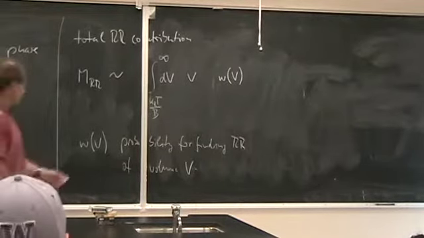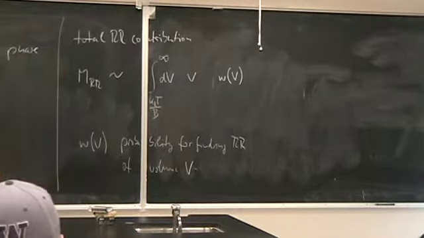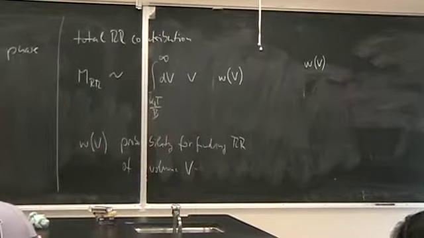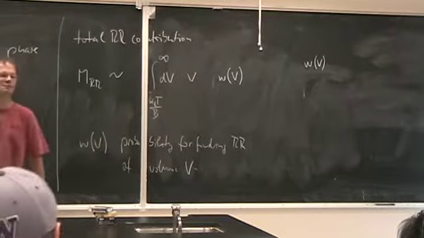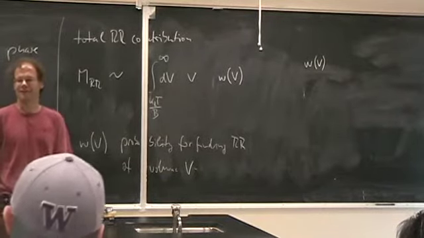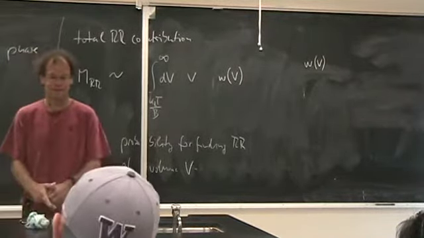So, what about this function? What do we know about this? It's exponentially small. For this model, we can actually be slightly more explicit. The probability for finding a vacancy is p, so the probability for finding no vacancy is 1 minus p.